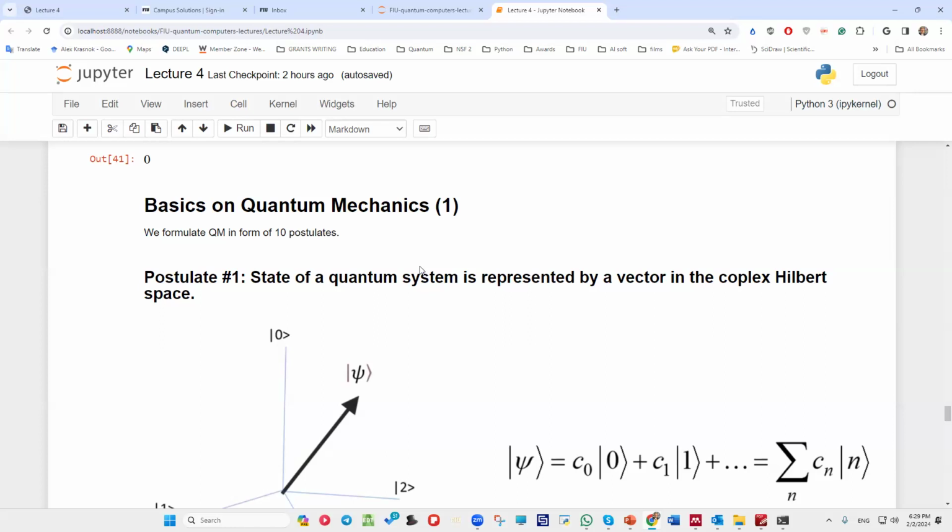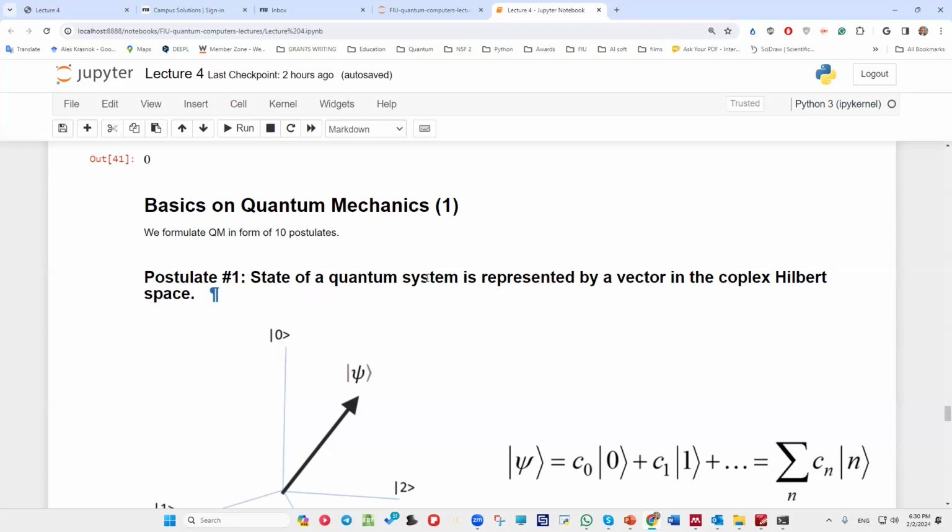So I believe I was able to summarize the main concepts we will rely on in the form of just 10 postulates.